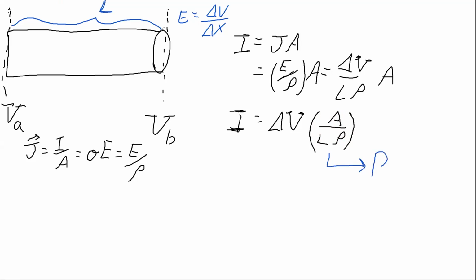So resistance equals rho L over A. And the unit for resistance? Resistivity, I said in the previous slide, was ohms meter squared, I think. No, ohm meter. And the unit for resistance here is just ohms.